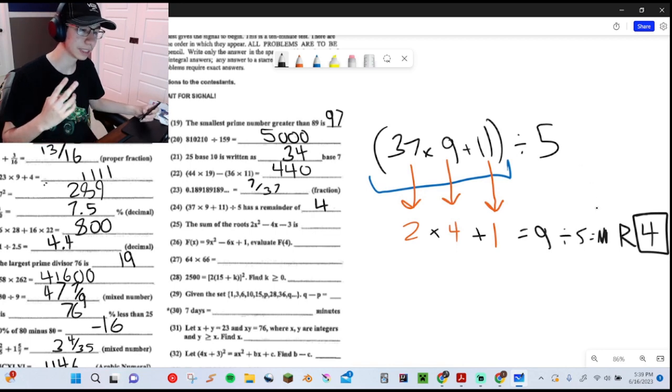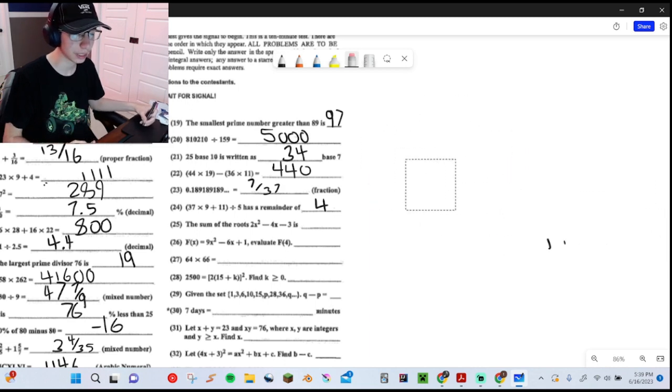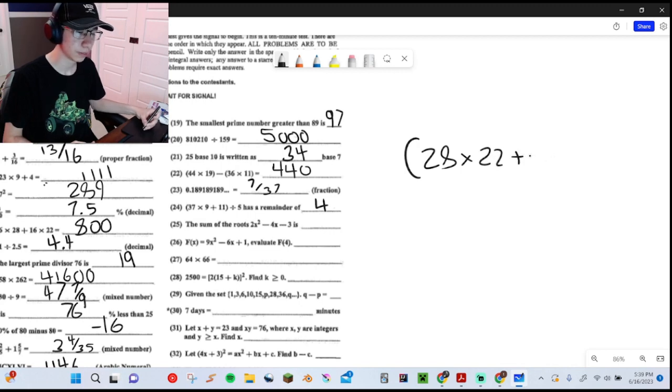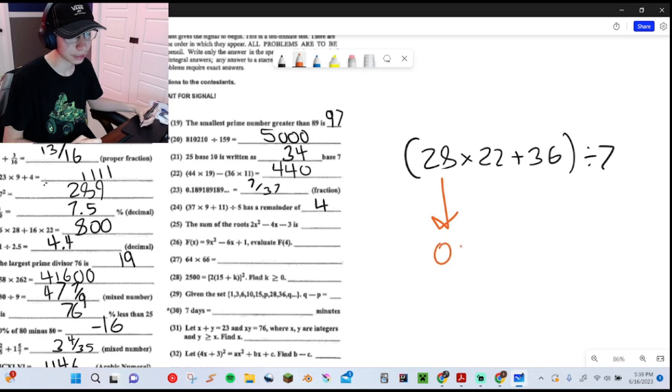So here's another example. Let's say I had an expression like 28 times 22 plus 36, divided by 7. It could be a real pain to work this out, but if I use modular arithmetic, I would know that this expression simplifies to this.